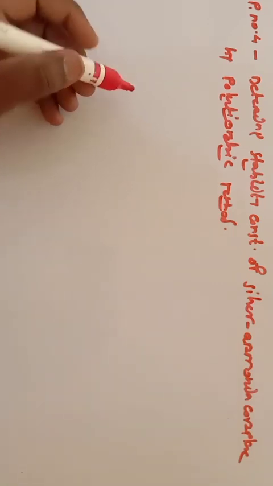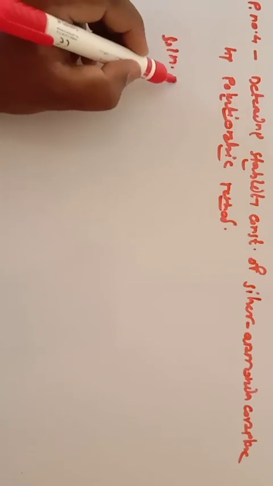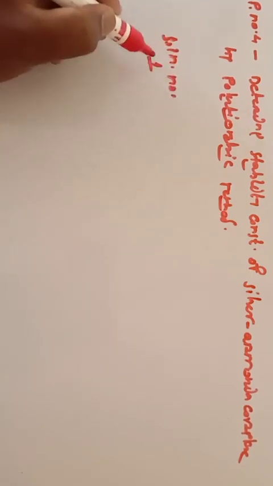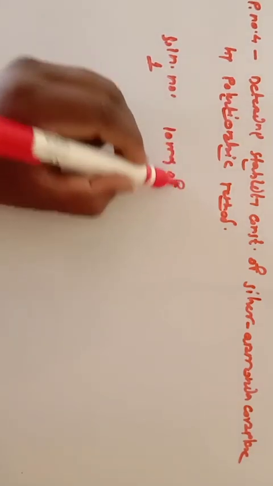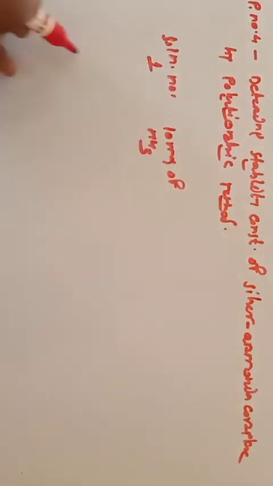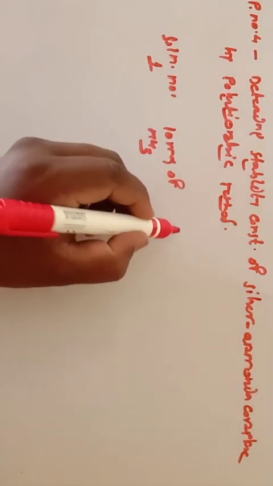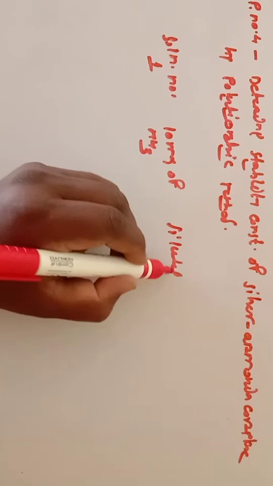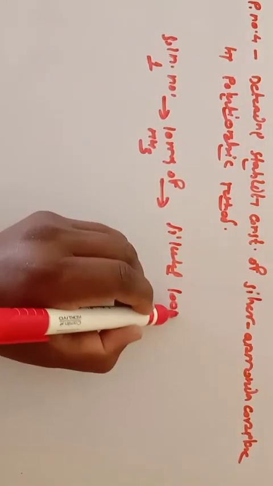For solution number 1, we take only 10 ml of ammonia. For solutions 2, 3, 4, we take 20, 30, 40 ml, and the solution is diluted. So for solution 1, we take 10 ml of ammonia and dilute it to 100 ml.